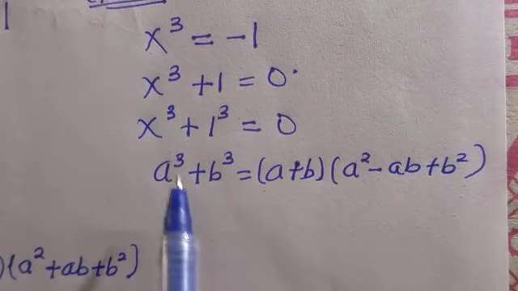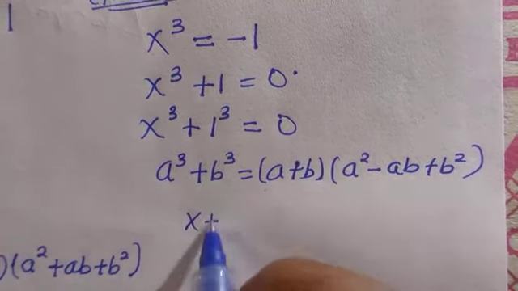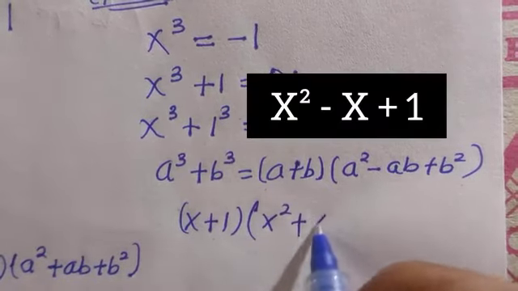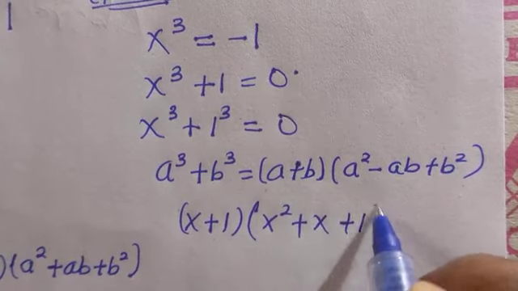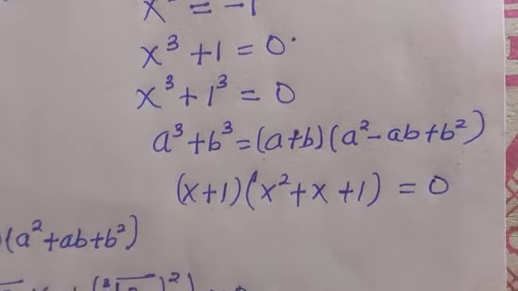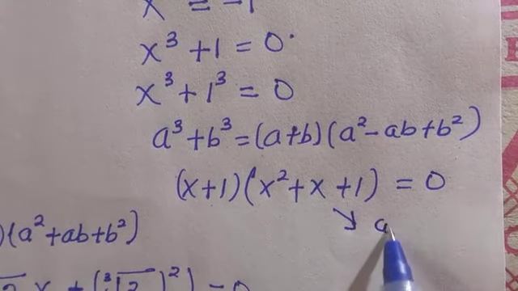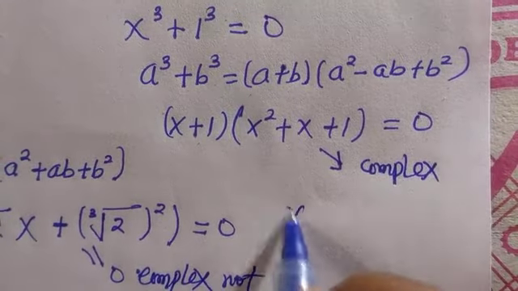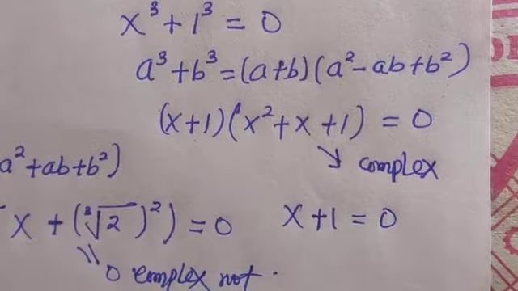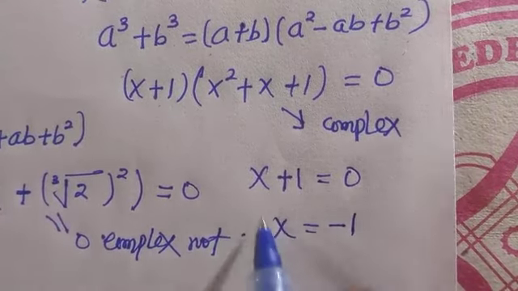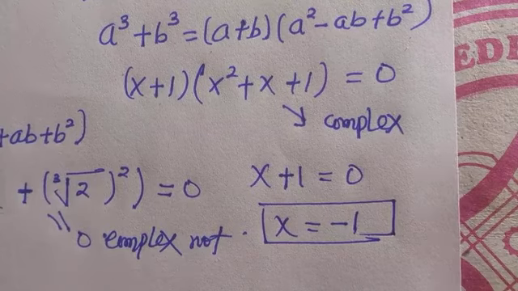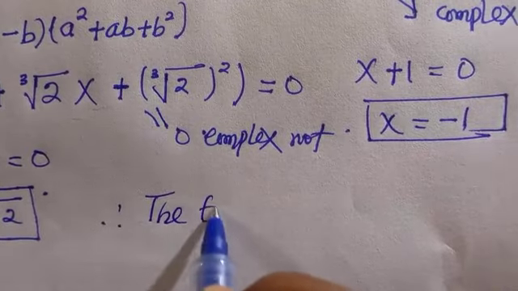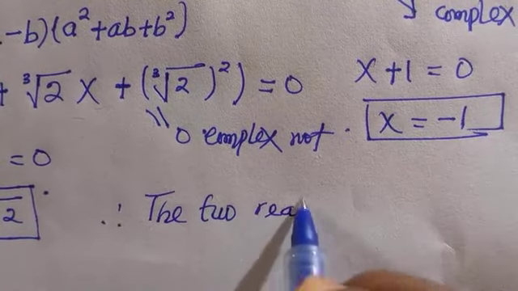We call this sum of two cubes. By replacing it, we have x plus 1 bracket x squared minus x plus 1 equals 0. So therefore, for this, we are going to have a complex root as well. So we have x plus 1 equals 0 and x equals minus 1.